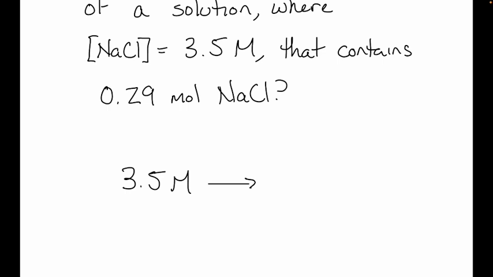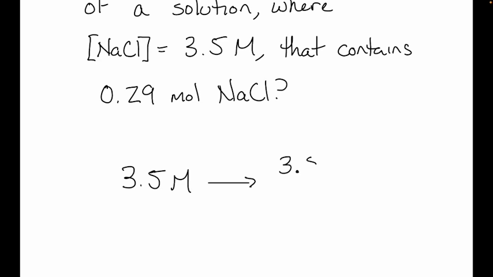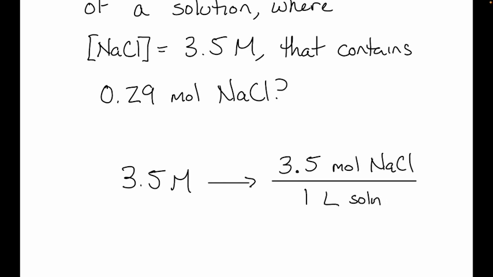So this turns into a conversion factor where I have 3.5 moles of, in this case, NaCl over 1 liter of solution. Remember, that's what that big M stands for, how many moles per liter you have.